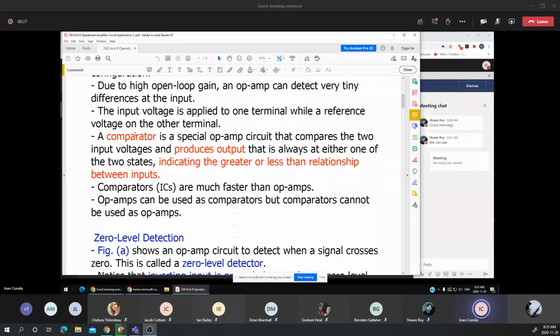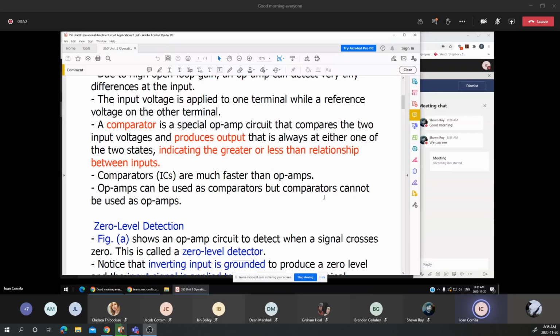Now, there are special integrated circuits called comparators, which are specially designed to be used as a comparator. A comparator cannot be used as an op-amp, but an op-amp can be used as a comparator. Again, make sure that you are not using a comparator as an op-amp.